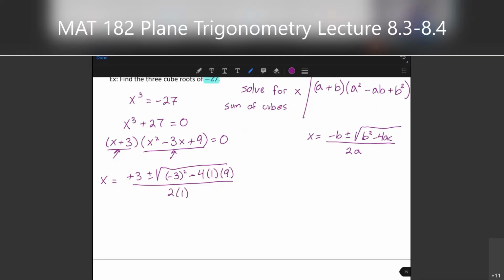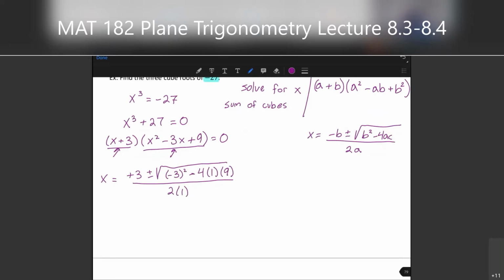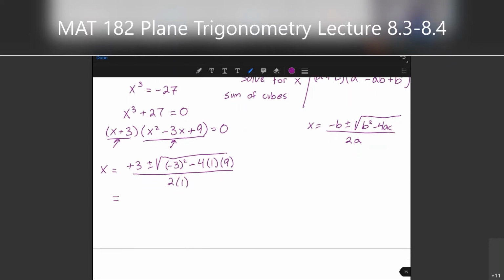So we can work out the rest by just simplifying this expression. So we have 3 plus or minus. If we take a look at the square root here, what numbers do we find in the square root when we're done? Square root of -27? Yeah. And then that's going to be divided by 2.